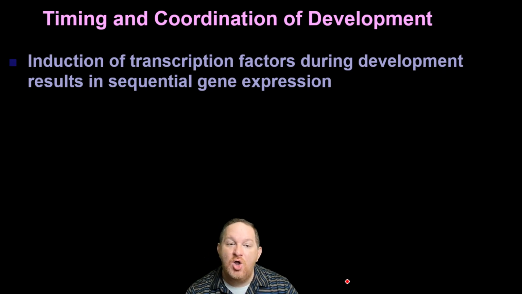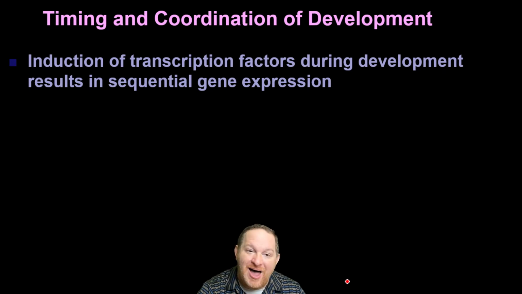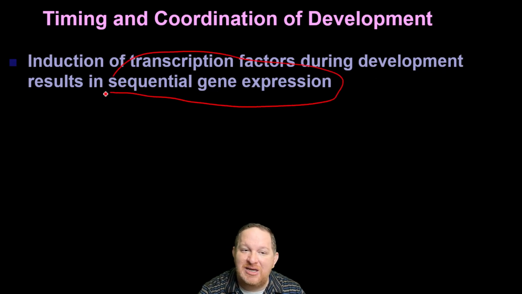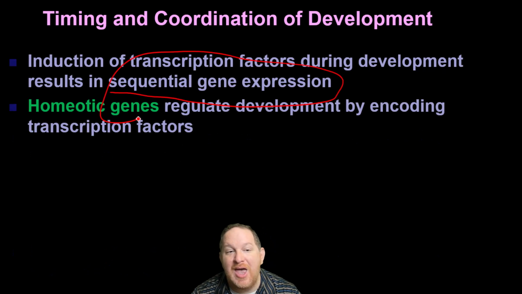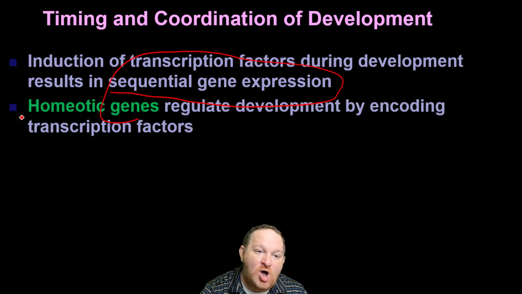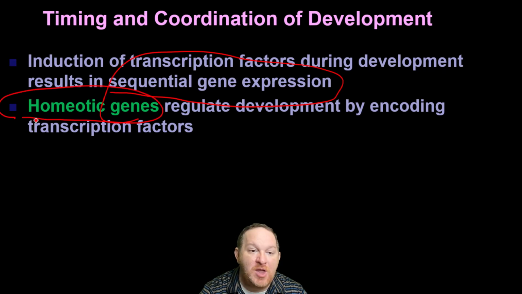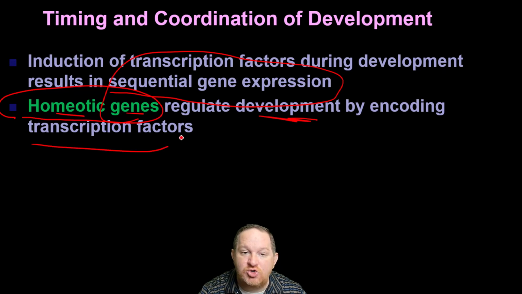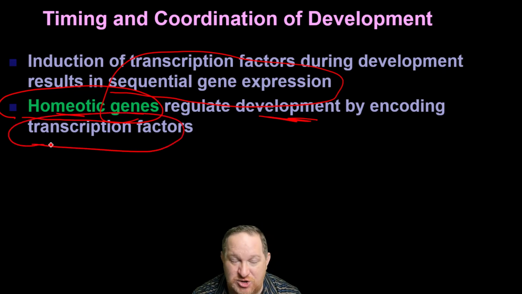Well, all of this is very complicated, but a lot of this results because of sequential gene expression. And that is regulated by something called homeotic genes. Homeotic genes regulate the development by encoding transcription factors, okay?